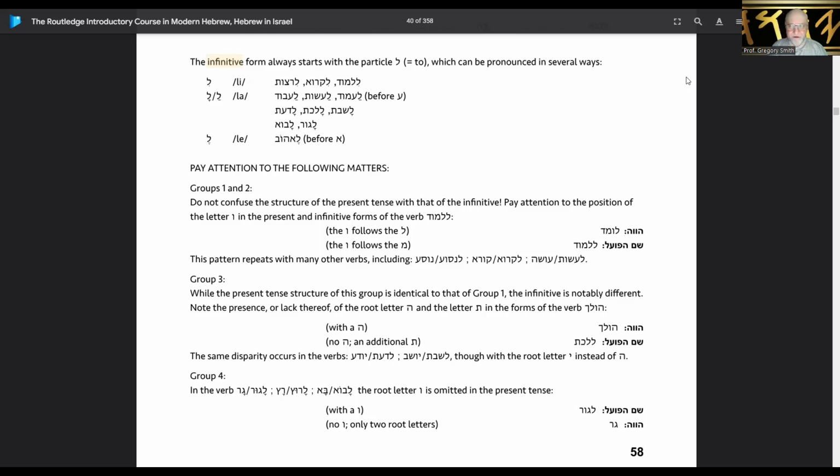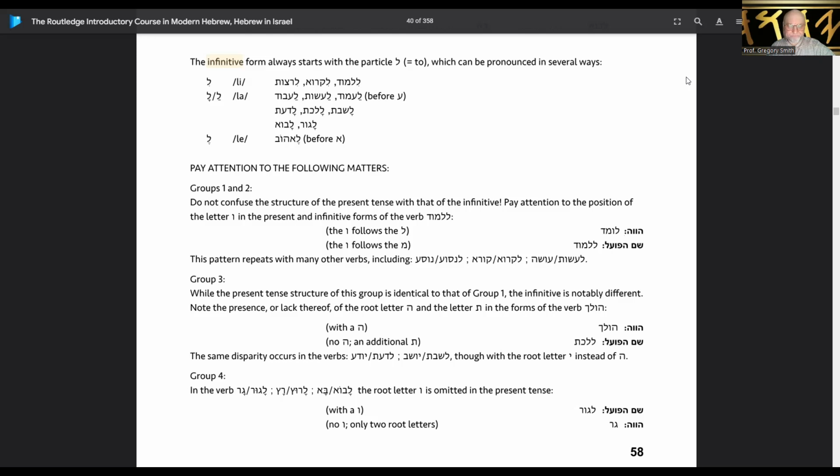So we're going to continue here in this Routledge introductory course in modern Hebrew. This is lesson 14 in unit 1, Yehida 1 and Shiur 14.